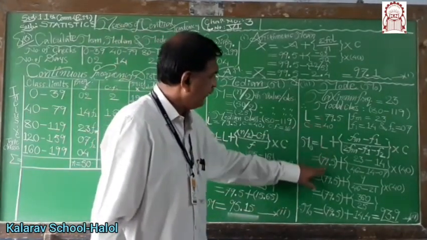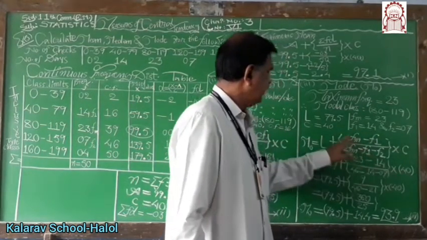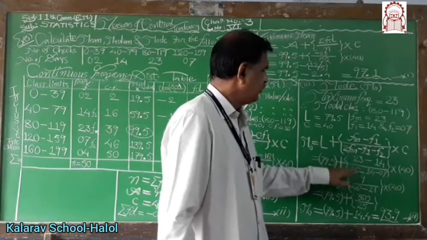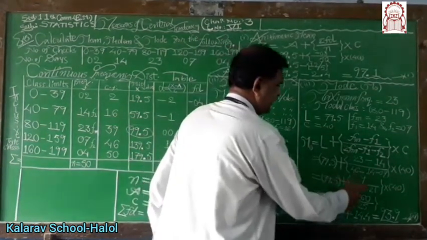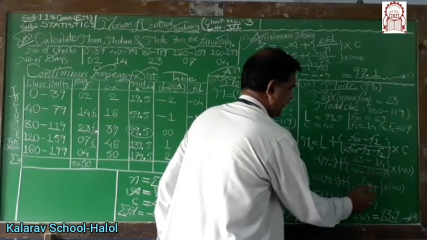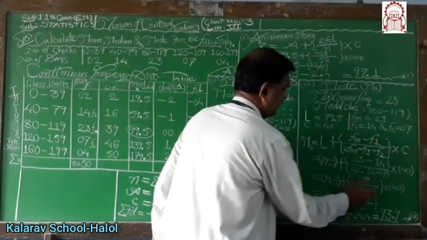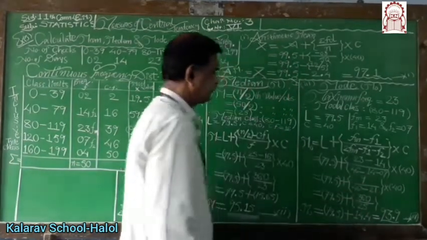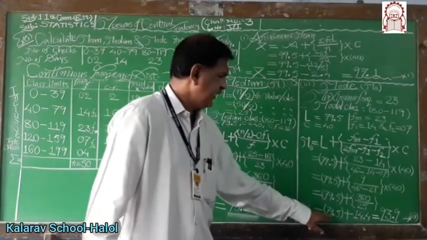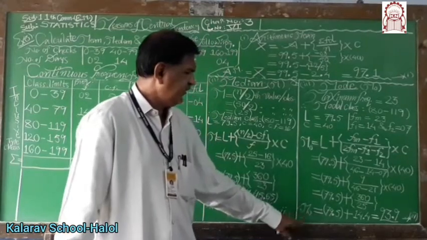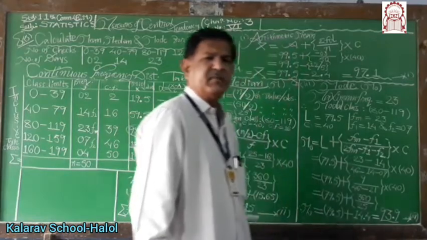L 79.5 plus 40 multiplied by 23 minus 14 upon 2 into 23 is 46, minus 14 minus 7. Now 46 minus 21 is 25. Numerator 9 multiplied by 40 is 360, upon 25. The division gives 14.4. If you add this to 79.5, the final answer of mode is 93.9. Call this result number 3.